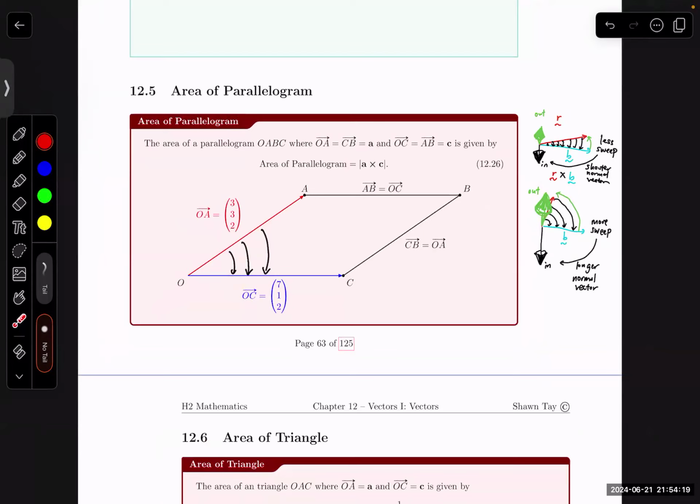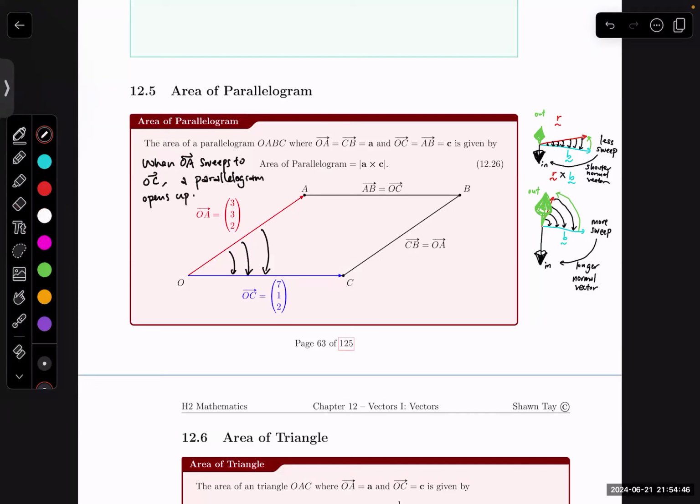The modulus of the cross product gives you the area of the parallelogram. Think of when OA sweeps to OC, a parallelogram opens up.